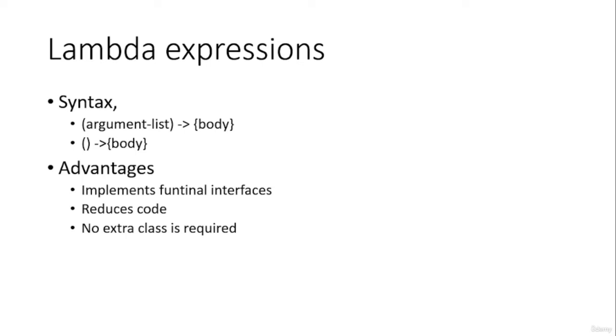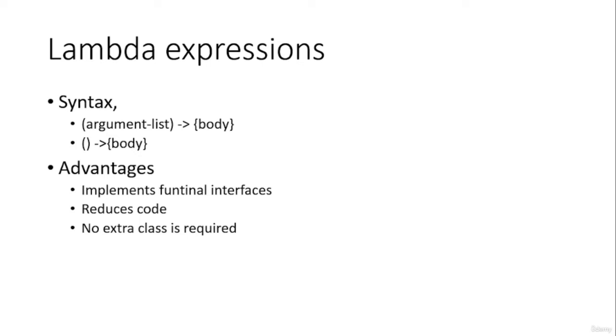Whatever parameter list that single method has, we have to supply as the lambda's parameters. And on the right hand side, after the arrow notation, we write the body of the functional interface's method. Like that, we are able to implement the method without much worry.